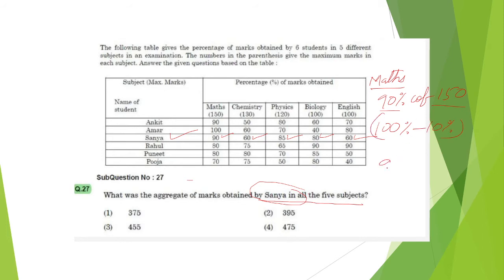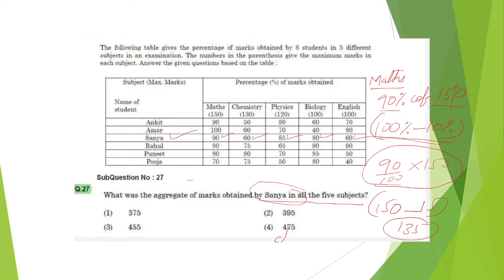Instead of doing 90 by 100 into 150, which is more calculation, we have to do a very simple calculation. 100 percentage is 150 minus 10 percentage. What is the 10 percentage of 150? We just delete the last zero. This is 10 percentage. 150 minus 15, how much? 135. Okay, in maths.